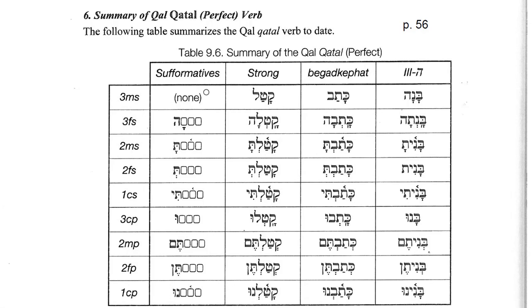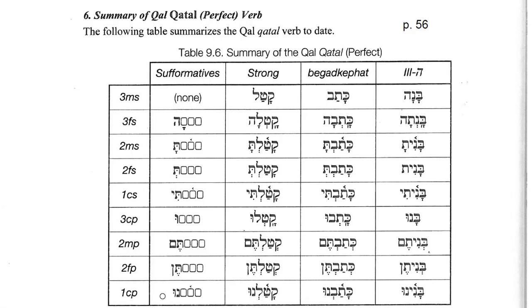So third masculine singular has no ending. Third feminine singular has a kamatse. And you can go down through and see all the rest of the endings here in this chart. So when we parse a verb, we're looking for these endings. These are going to be critical in determining what we're looking at.